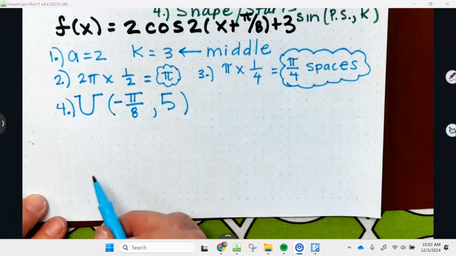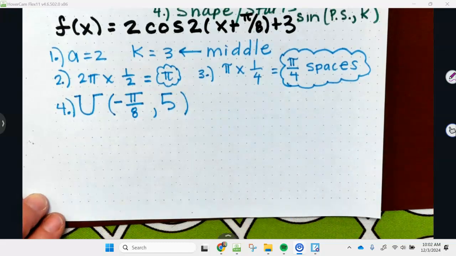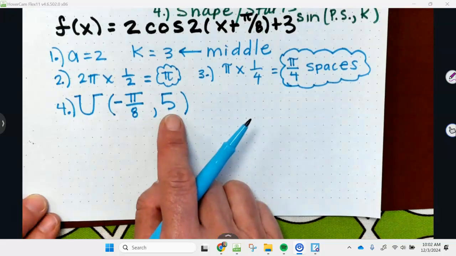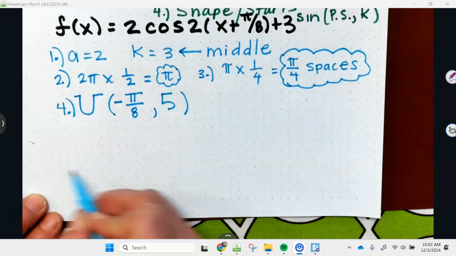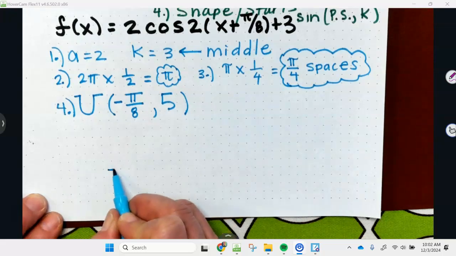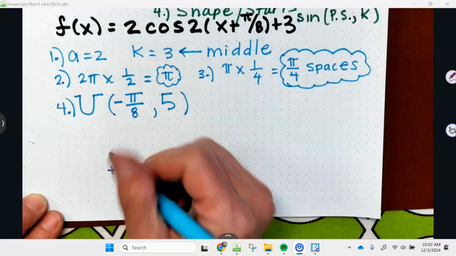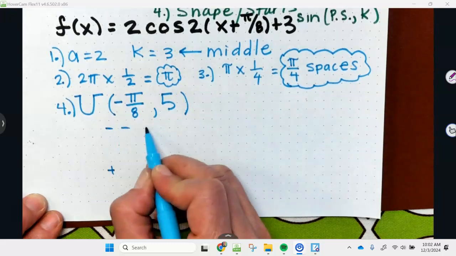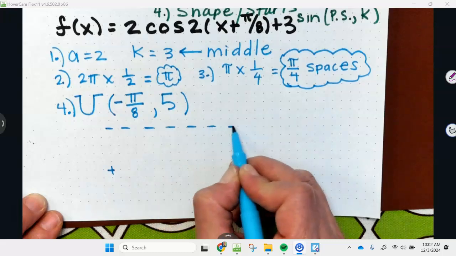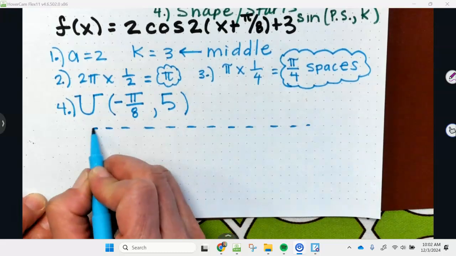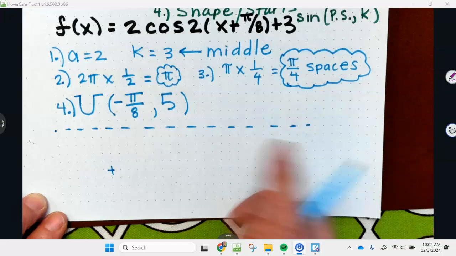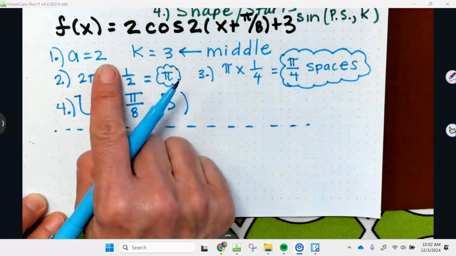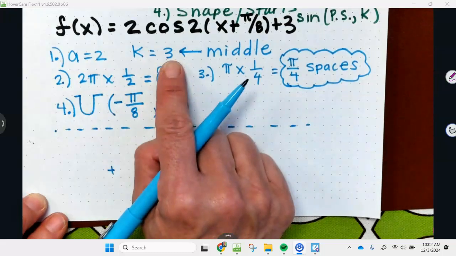All right, so look, guys, we're going to graph this a little bit differently. What do we know? We know how tall the waves are. The waves are 5 places above the origin. So if I put my origin right here, I'm going to count 1, 2, 3, 4, 5. That's the tallest these cosine waves are ever going to get. Now I'm going to go 2 places down and plot the middle.